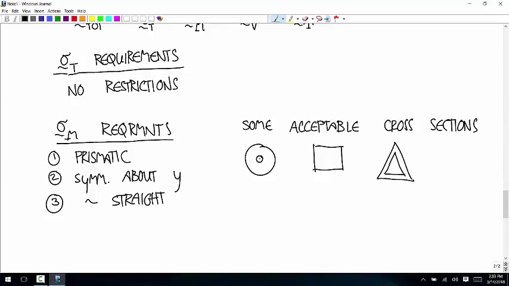Okay, so all those cross sections, we can calculate the stress due to bending, as long as it's prismatic and straight. And there's a million more that you don't see as much.